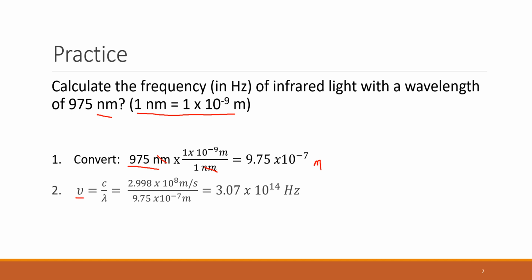Once again, the equation's rearranged with the speed of light on top in the numerator and the wavelength in the denominator. When we divide those two, the meters cancel, leaving us with inverse seconds or hertz for our answer. Also notice we have 3 significant figures in our answer because that's how many significant figures were in the value given to us in the problem.